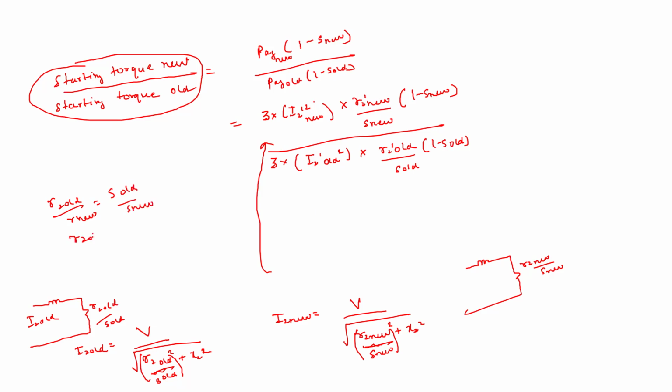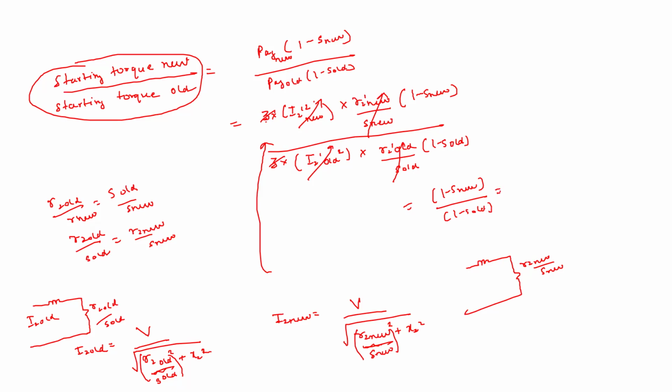So R2 old by S old is equal to R2 new by S new. So you will see that this I2 old and I2 new will cancel out. 3 cancels out. R2 new by S new and R2 old by S old cancel out. So what you are left with is 1 minus S new by 1 minus S old.